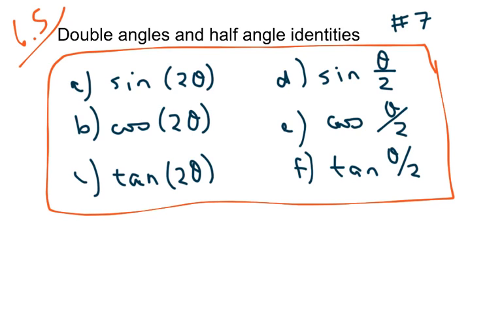Okay, so there's a lot of yellow boxes in this section. If you notice, for the double angles, there's only one for sine. There's one formula, but for cosine of 2 theta, there's 3. So you get to pick which one is the most appropriate.